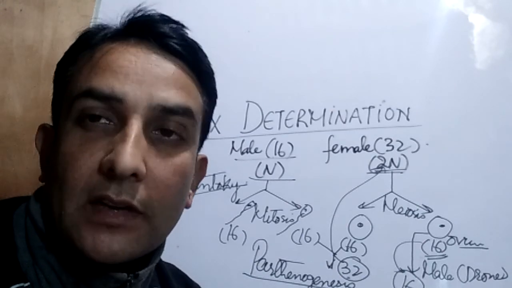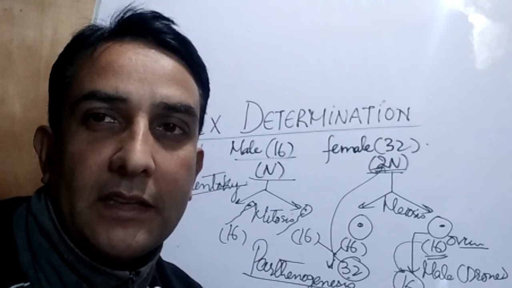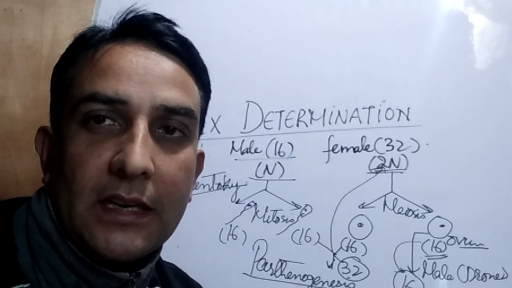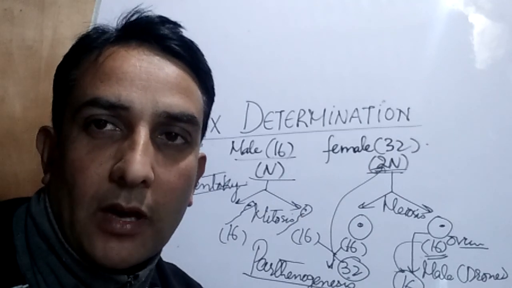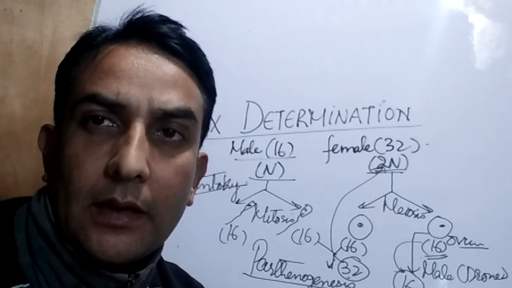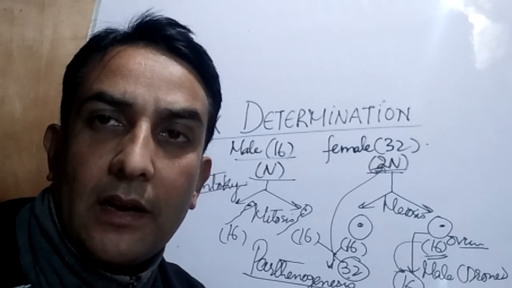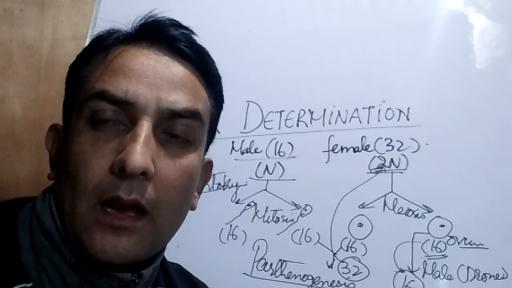An unfertilized ovum develops into the haploid male individual, and this type of parthenogenesis is the Hymenopterous type. Hope you have understood in its totality the mechanism of sex determination in Hymenopterous insects, particularly with reference to the honeybees.